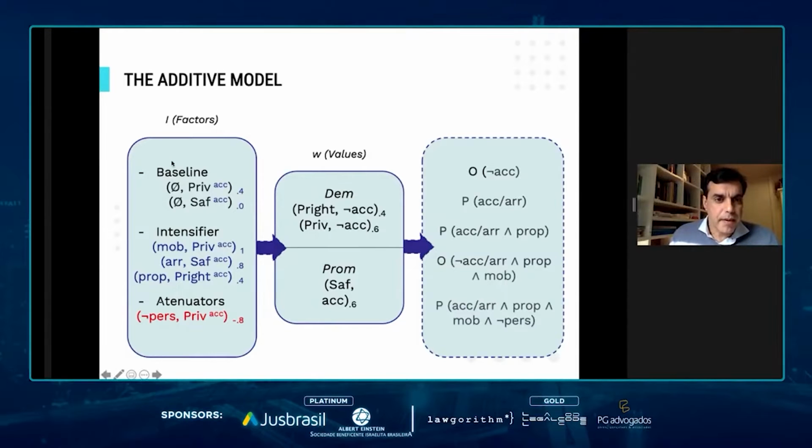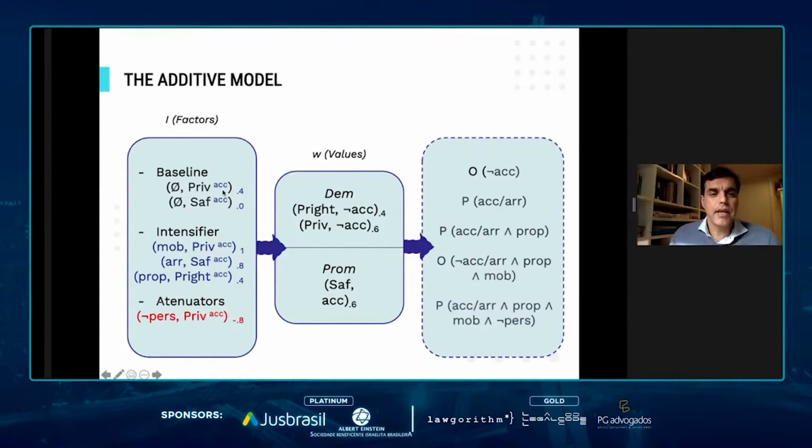So here in the example, if we consider the impact of the action on a certain value, we call it a baseline impact if there are no factors to be considered. In the Riley versus California case, we are concerned with the impact of the action of accessing an item which is found with the arrestee.